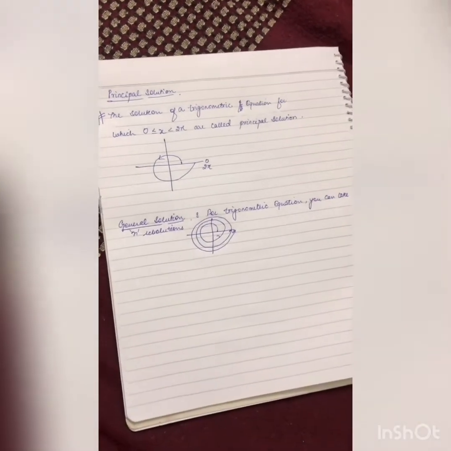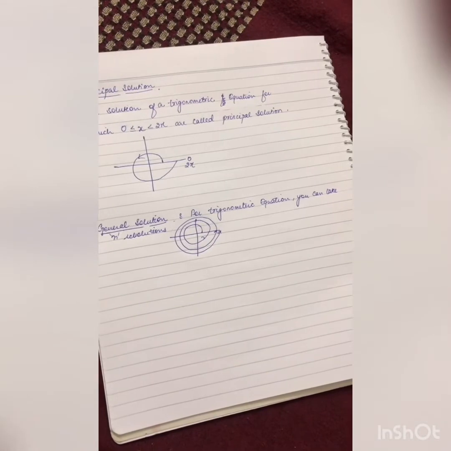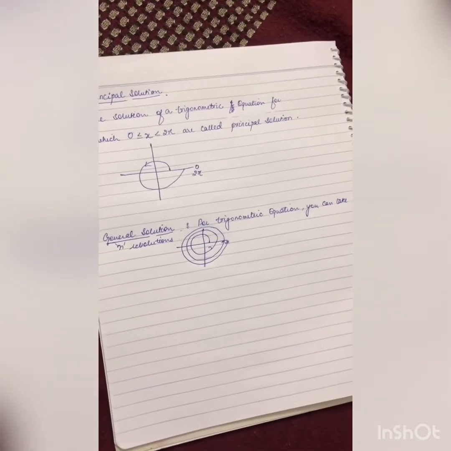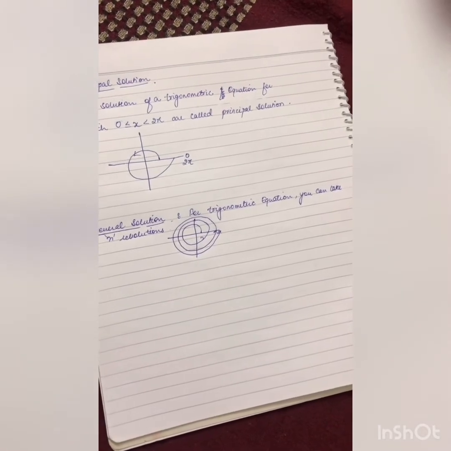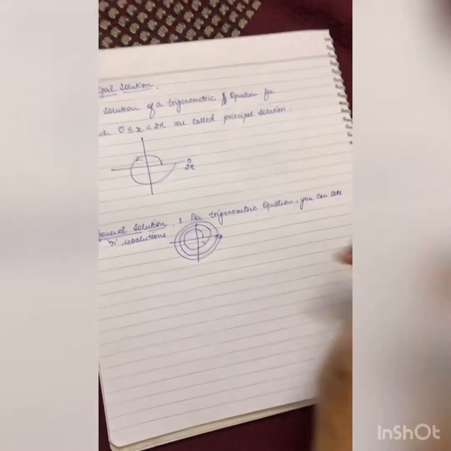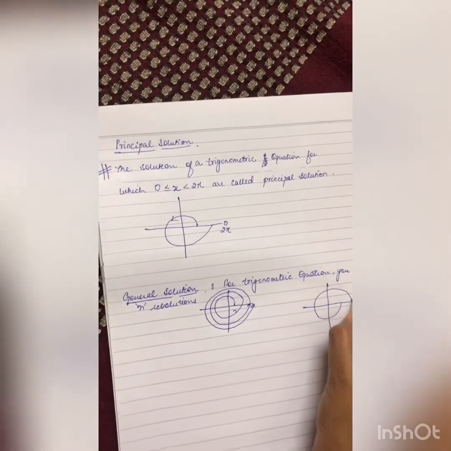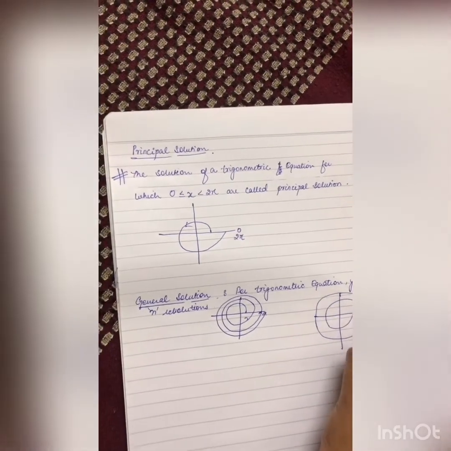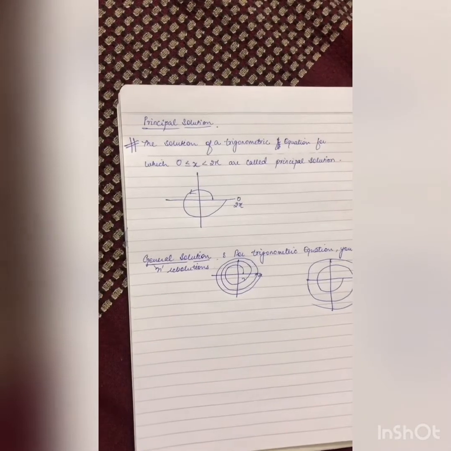So for n number of revolutions, n number of answers will be there. So they are known as general. That means you're just generalizing your answer, the solution of the equation, how many rotations it will take, both in clockwise as well as in anti-clockwise direction.